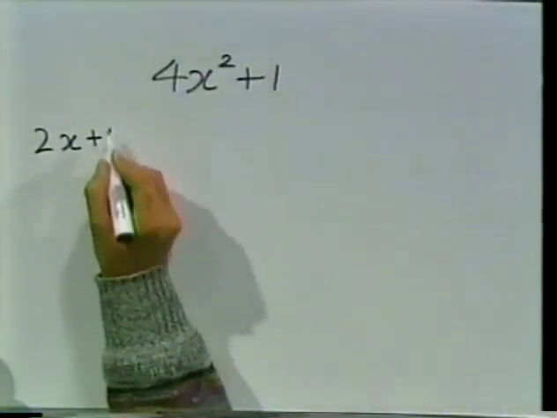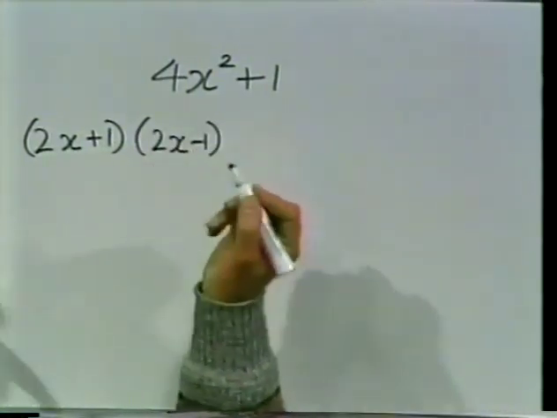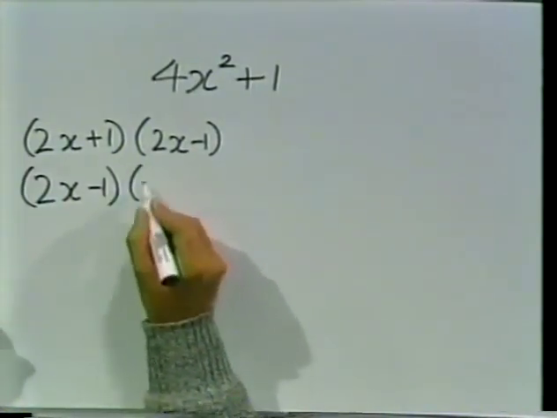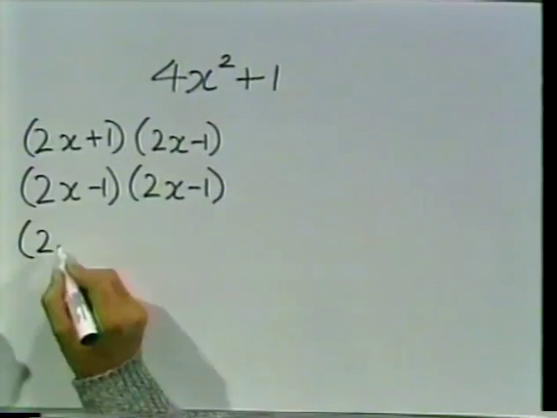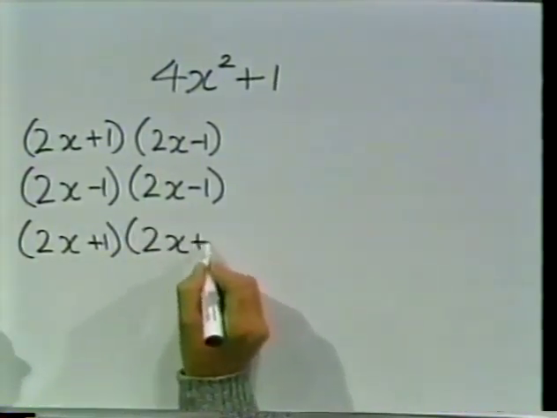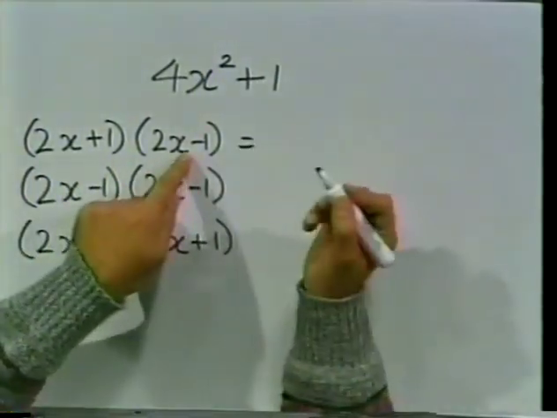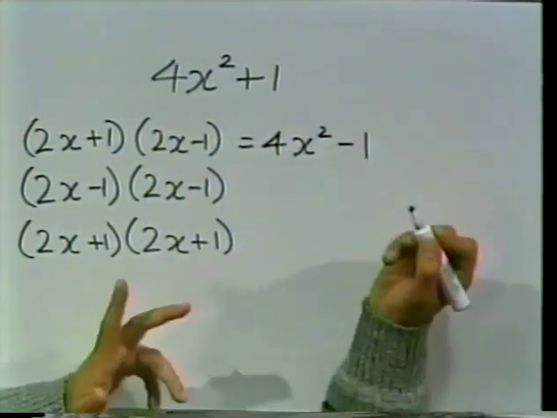2x plus 1 times 2x minus 1. Another one is 2x minus 1 times 2x minus 1. And the third one is 2x plus 1 times 2x plus 1. Now, the first possibility will give me 4x squared minus 1.